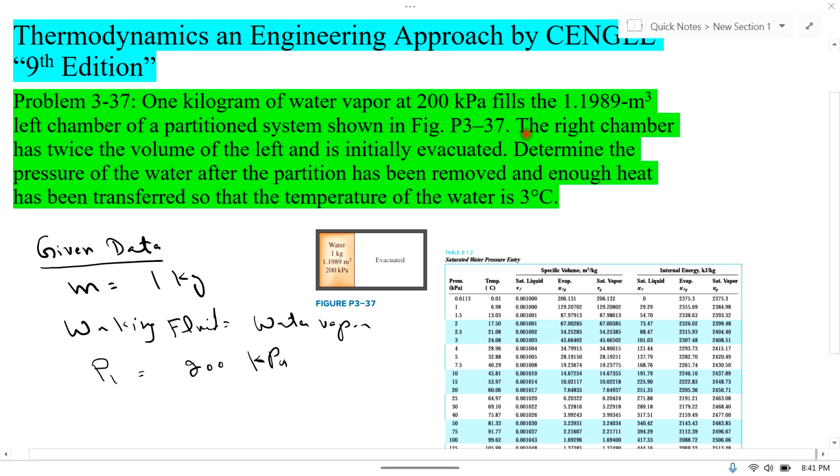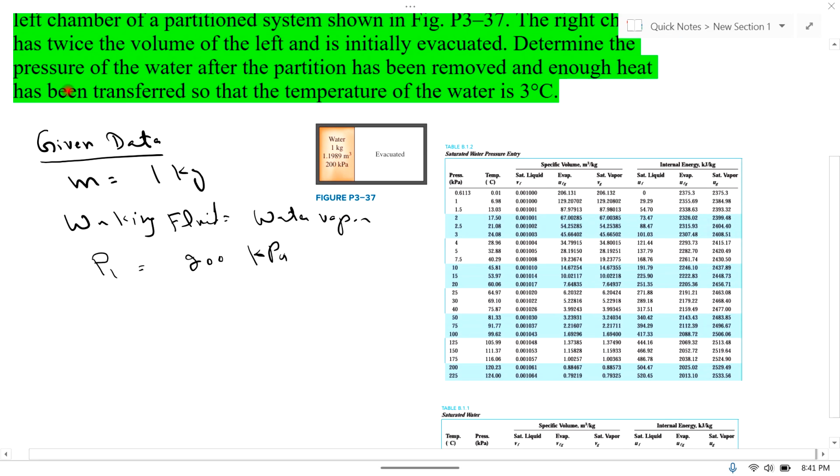The 1.1989 cubic meter left chamber. So the initial volume of this left chamber, V1, is equal to 1.1989 meter cube.